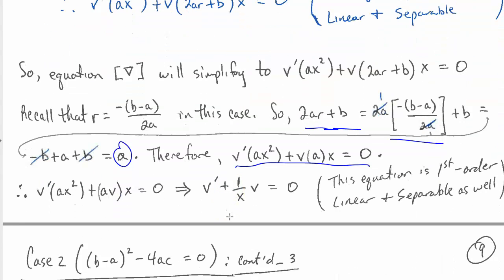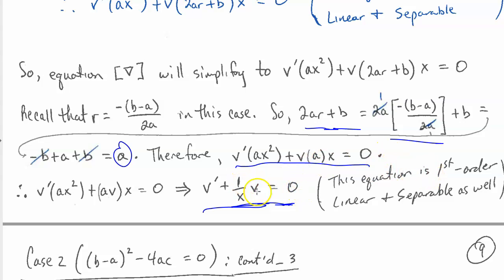So by doing all that, what I notice here is that I end up with what I recognize to be either a first order linear equation or a separable equation. Okay. It can be separable because I could rewrite this where everything in terms of x would be on one side, everything in terms of v would be on the other.